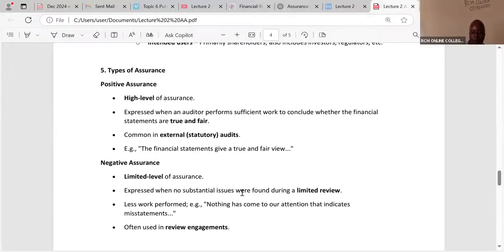It is expressed when no substantial issues were found during a limited review. The review was really limited because the resources were scarce, no time, no nothing. I'm going to give you this assurance when we have a limited review. There is less work performed. So this is how it will read: nothing has come to our attention that indicates misstatements.